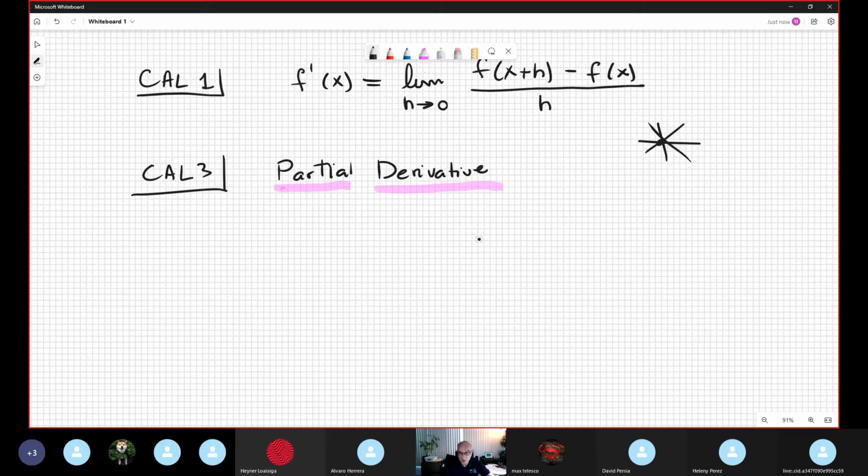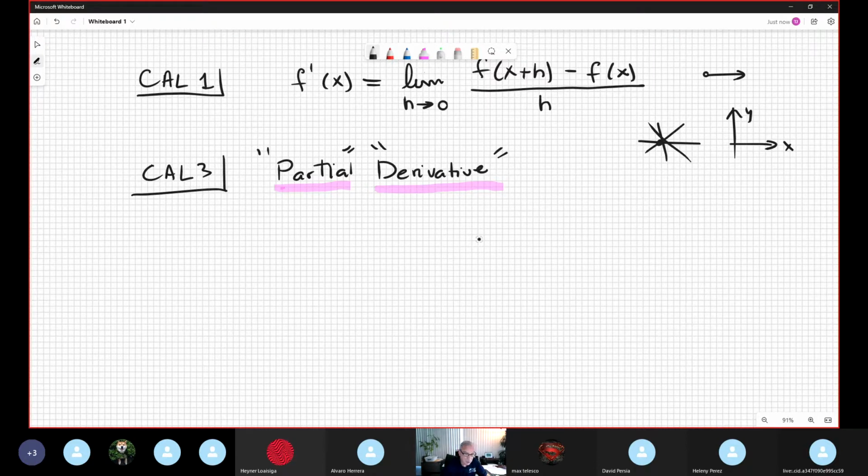You can differentiate in any direction. In Cal 1, you differentiate only in one direction. In Cal 3, we can differentiate in any direction. But at least I need to differentiate in the direction X, similar to Cal 1, and in the direction Y, which are the standard directions that you frequently work with. And this is not the final answer. This is not total differentiation, this is partial. This is why this name contains first name, derivative, and last name, partial.